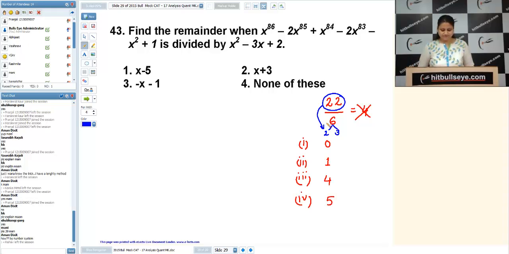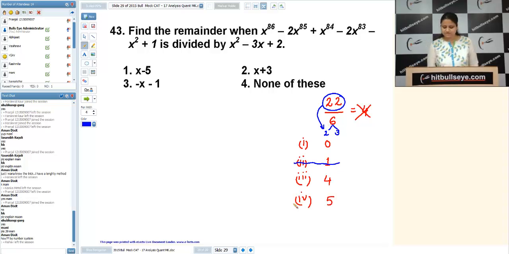You got that? See, we are taking factors of the divisor. We are checking the divisibility by the factors of divisor, and we are marking the option. See, a factor of 6 is 2. So I am checking the remainder by 2 since I am getting a remainder of 0. So I will mark that option which is giving a remainder of 0 when divided by 2.